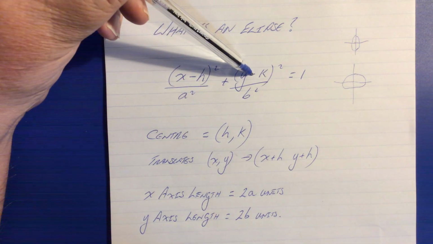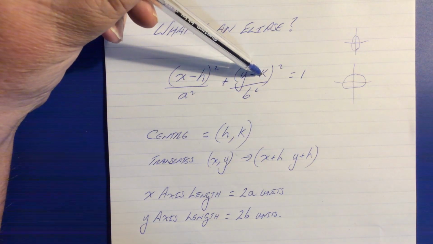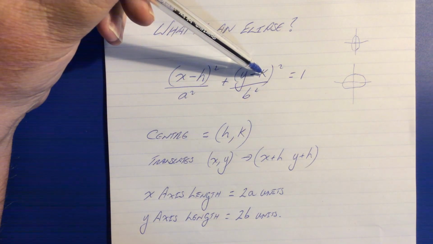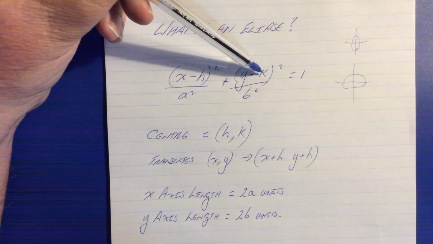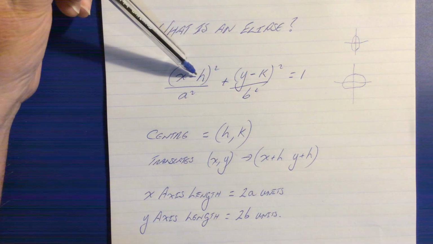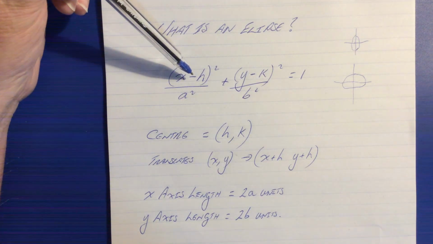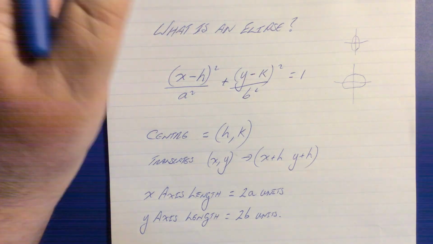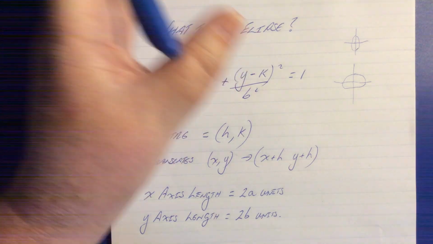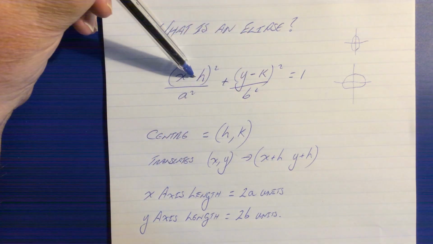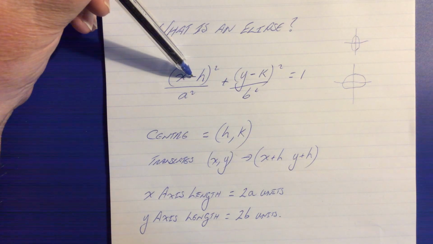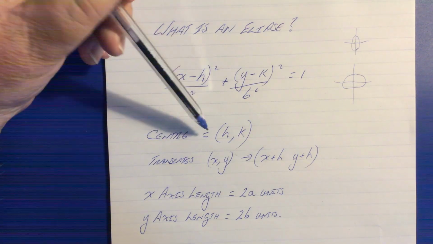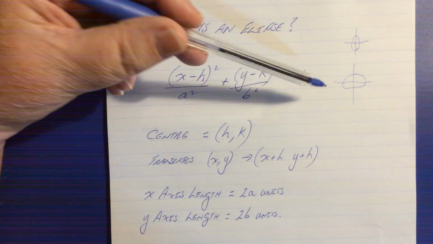And if this were y minus 1, the y-coordinate of the center would be 1. This works in exactly the same way as, for instance, the way in which parabolas are moved left and right by having either plus or minus in here. So the center in this case will be h, k.